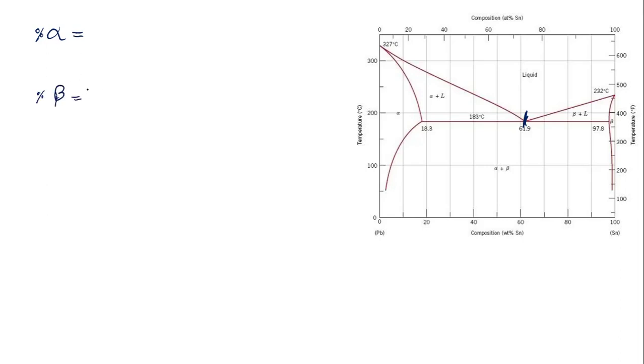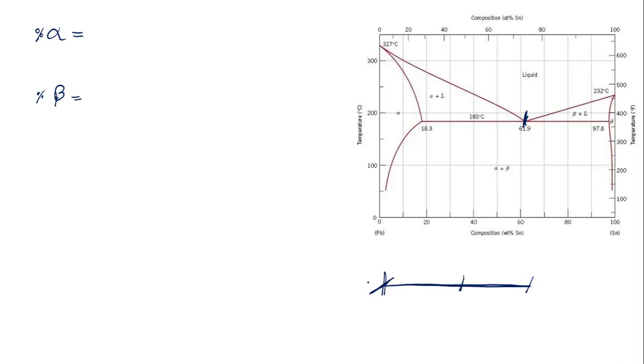And how to find out the phase percentage in a diagram? To find out the phase percentage, we have to take the help of the lever rule. Okay, so lever rule: we have to draw a horizontal line in the phase diagram in such a way that these two ends meet two different phases, and there the phase should be pure phase.